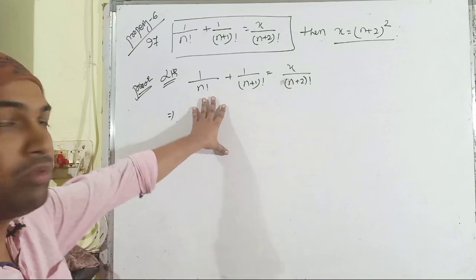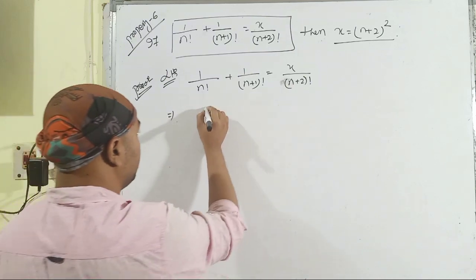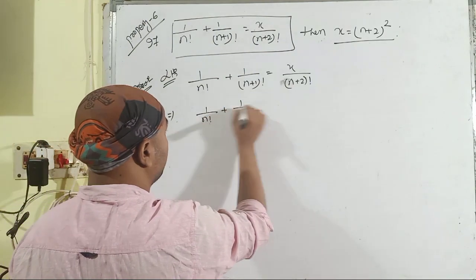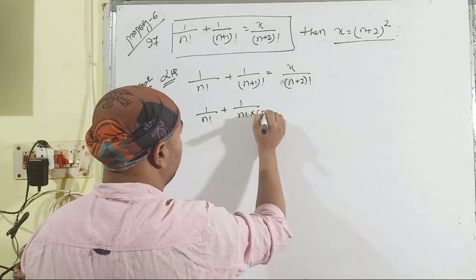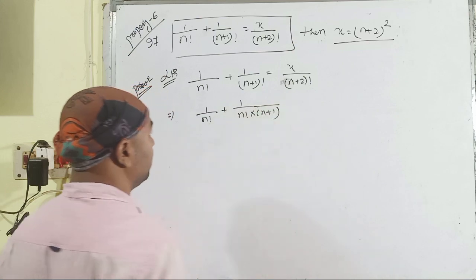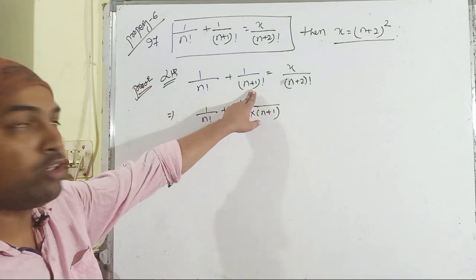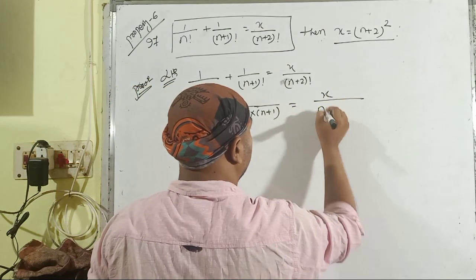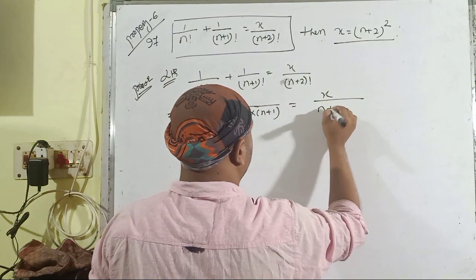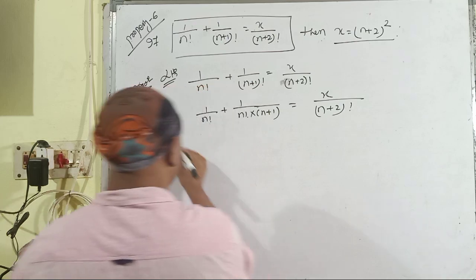First of all, let us solve the left hand side part. So 1 upon n factorial plus 1 upon factorial of n multiplied with n plus 1, converting the greatest factorial in terms of the smallest factorial here, and this is factorial of n plus 2.